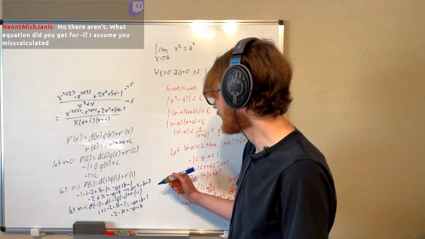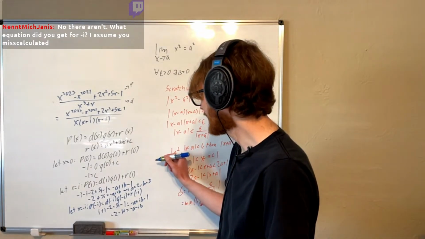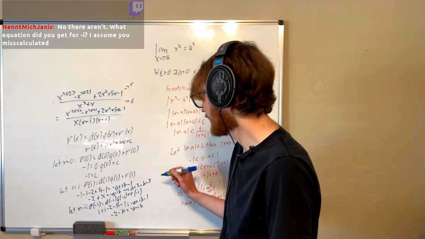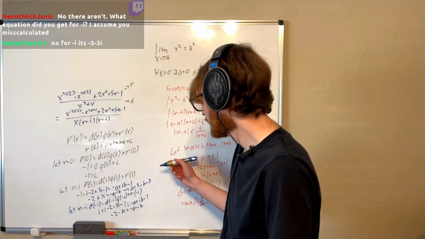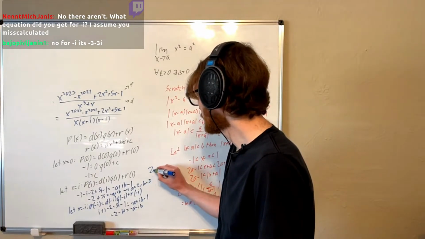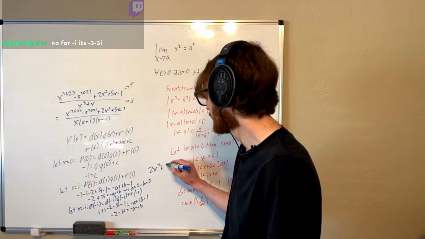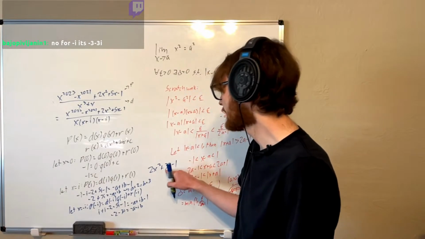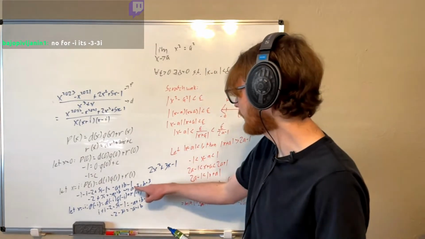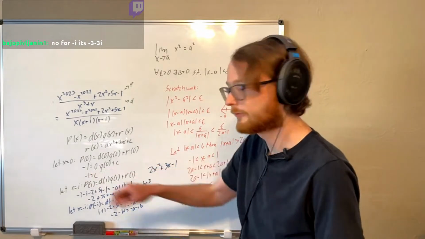So the actual answer is that the remainder of that division is 2x squared plus 3x minus 1. That's the answer, because A is 2, B is 3, C is negative 1.